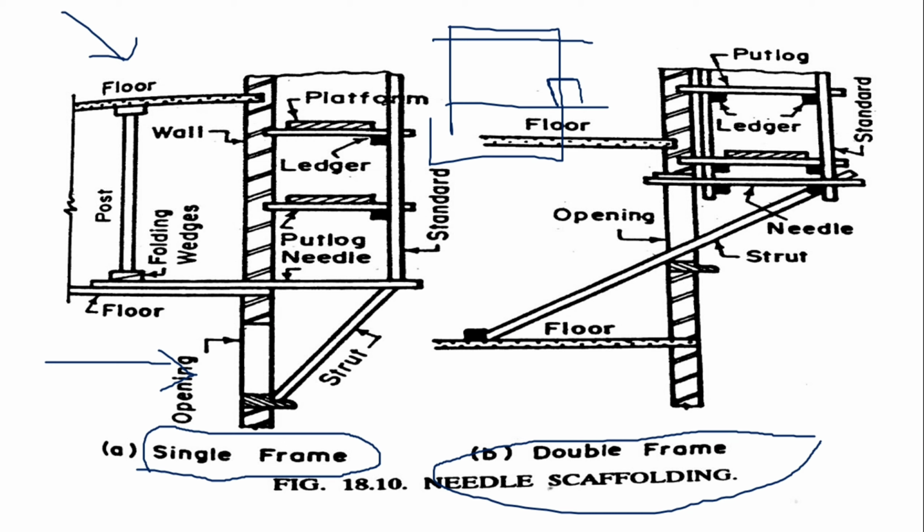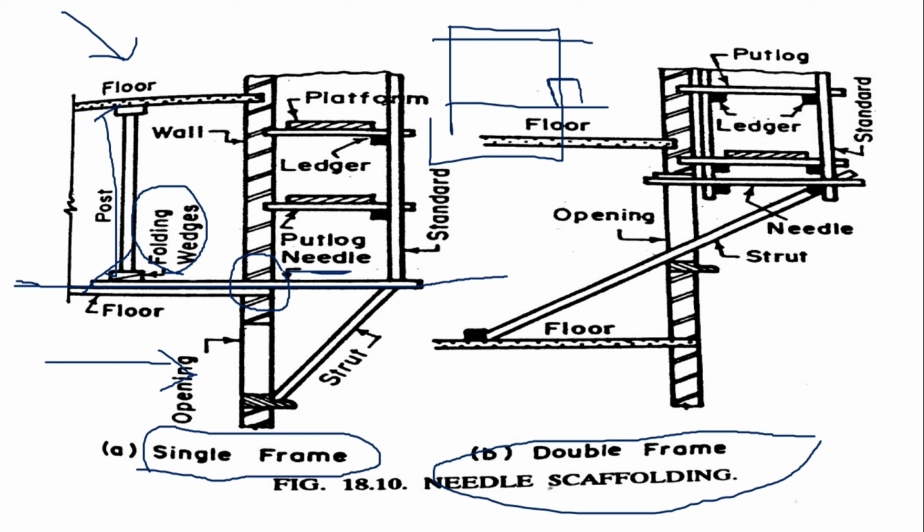So first I provide a particular hole in my wall, and fix the needle throughout my floor. That needle is fixed with the folding edge, and that folding edge is fixed to my needle with the inner floor.